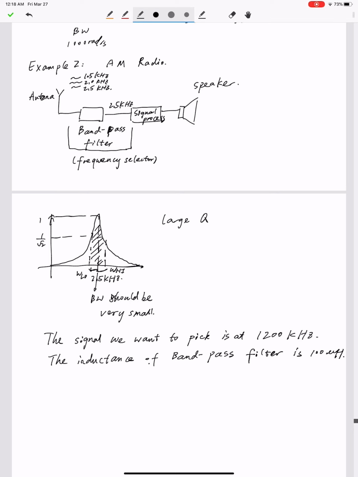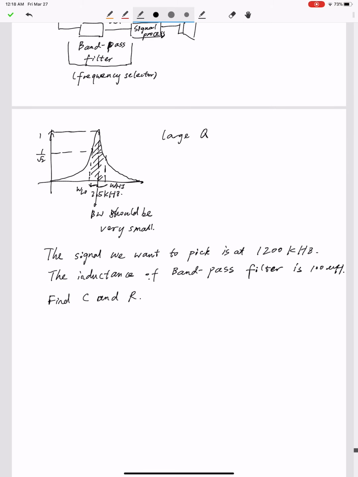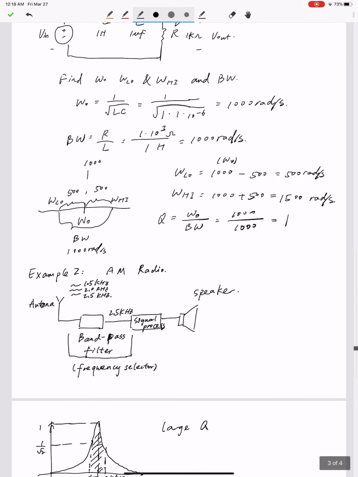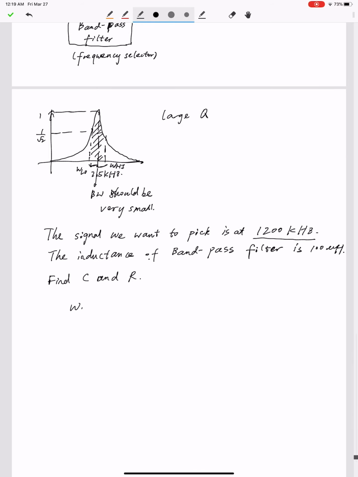To solve this problem, we need to use the formulas that we defined before. Since we already know the central frequency is 1200 kilohertz, the first thing we need to do is find the corresponding central frequency in units of radians per second, right?